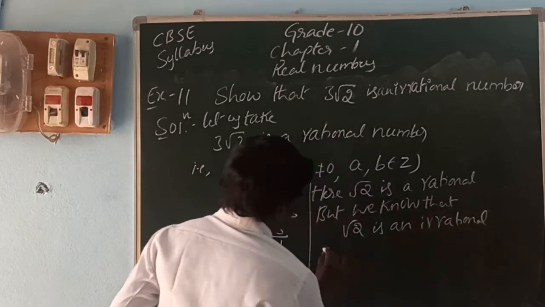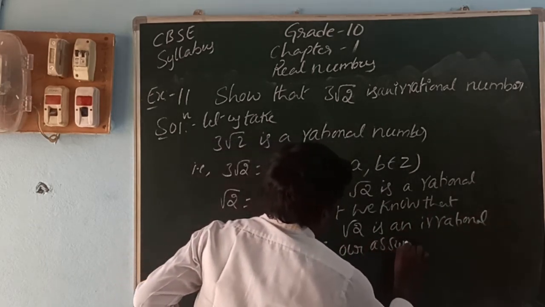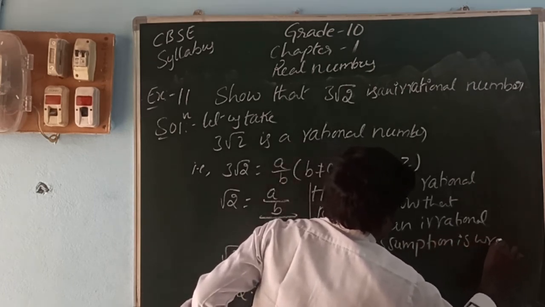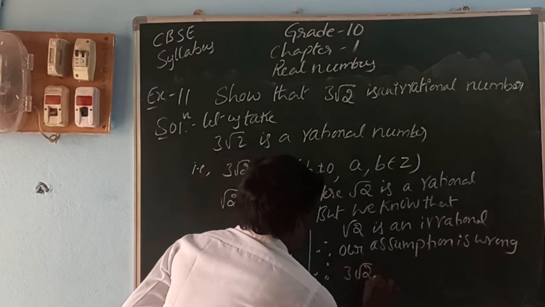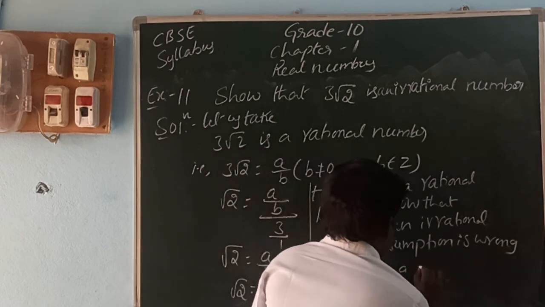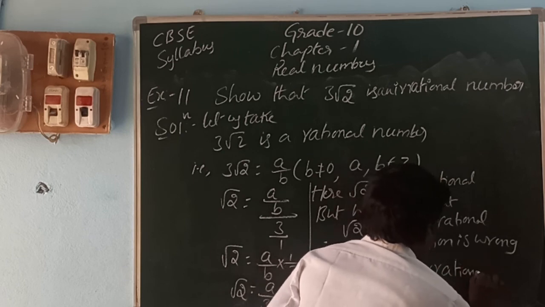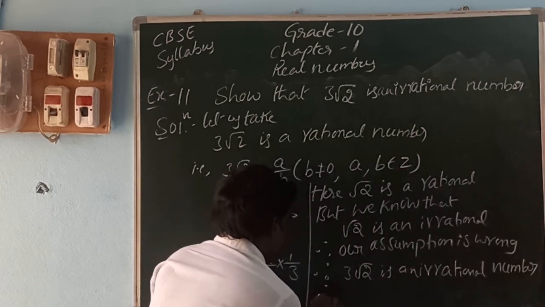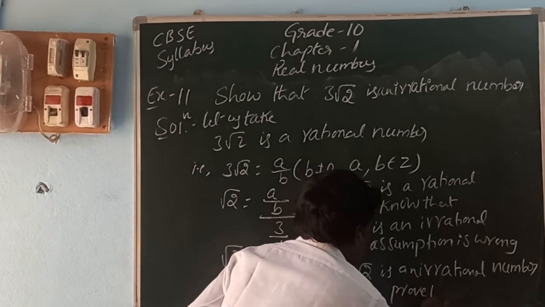So therefore our assumption is wrong. So therefore 3 into root 2 is an irrational number. Therefore hence proved.